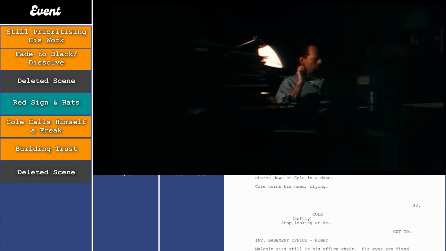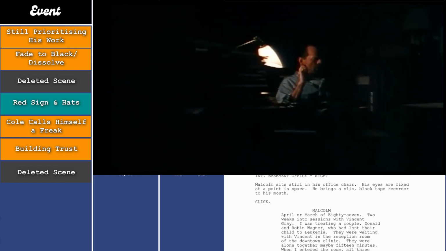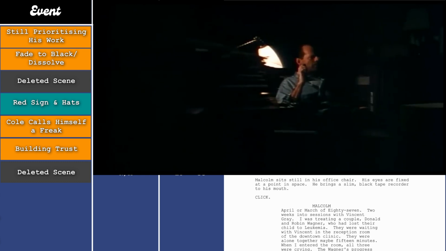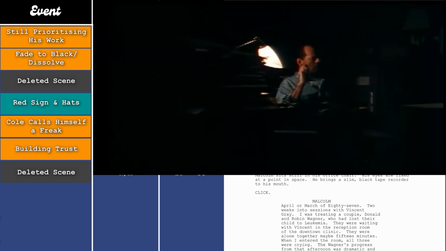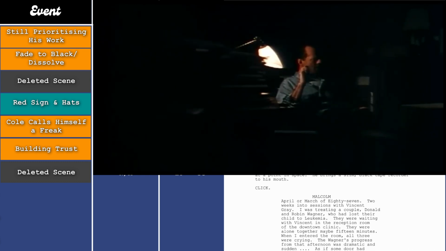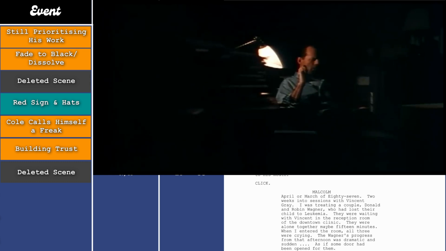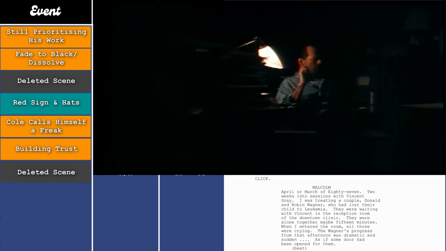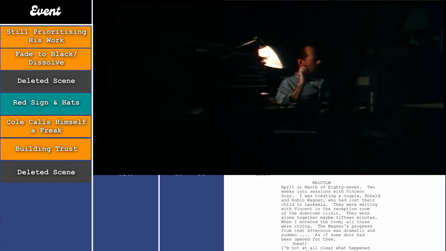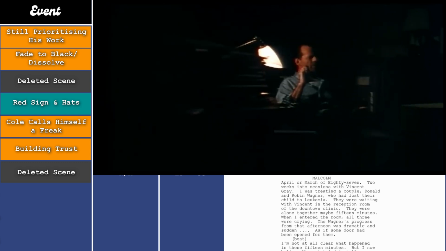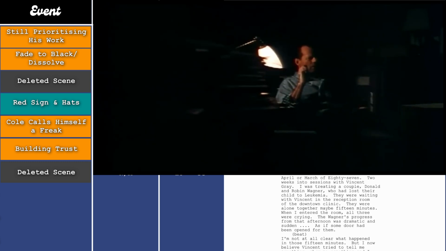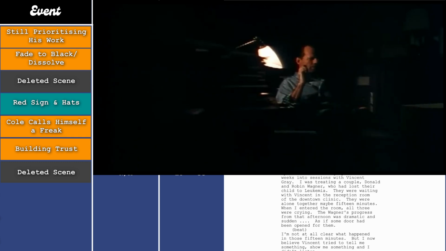April or March 1987, 2 weeks into sessions with Vincent Gray. I was treating a young couple, Donald and Robin Wagner, who had lost a young child to leukemia. They were waiting with Vincent in the reception room of the downtown clinic. They were alone for about 15 minutes. When I entered the room, all three were crying.